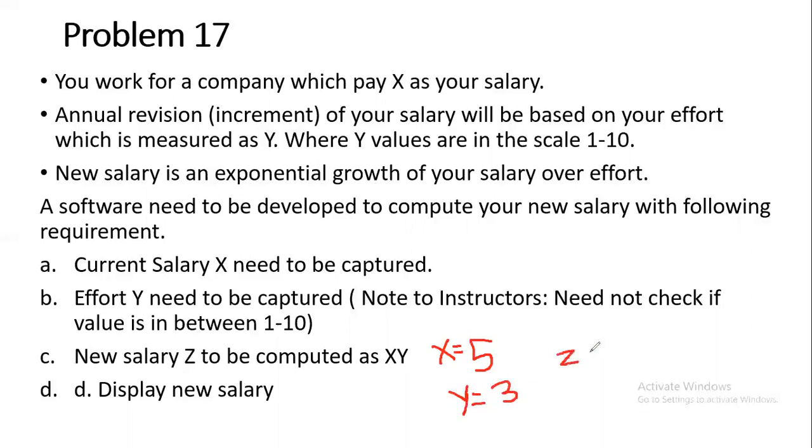The new salary is nothing but exponential growth of your salary over effort, that is X raised to the power of Y. In this scenario, X is the current salary, which is 5, and Y is the effort, which is 3. So 5 raised to the power of 3 is 5 into 5, 25, 25 into 5, 125. So my new salary, represented by Z, will be 125 rupees.